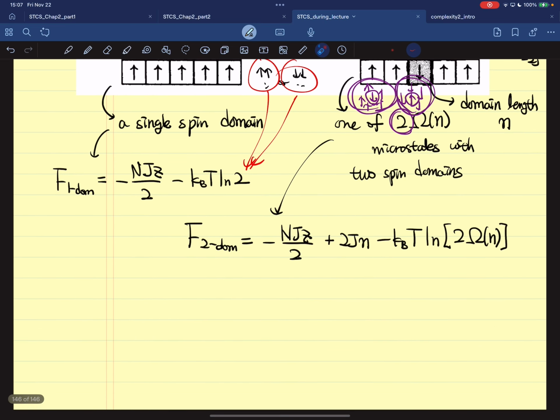So this part is for parallel spin, and this part is for anti-parallel spin. So the only non-trivial and the hardest part for certain is to calculate this omega.